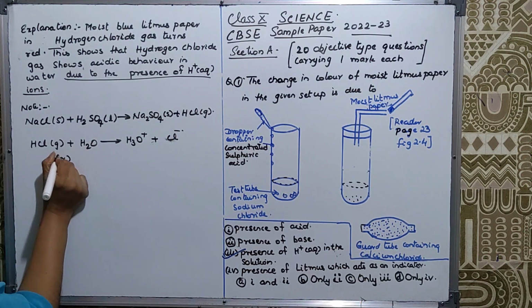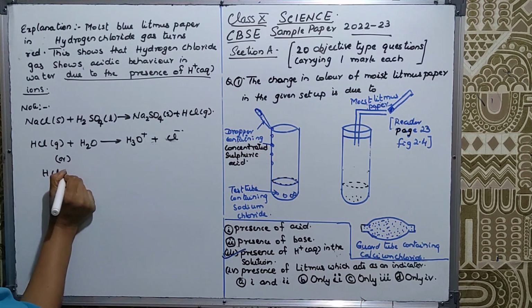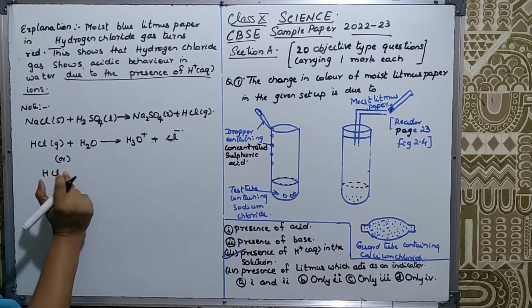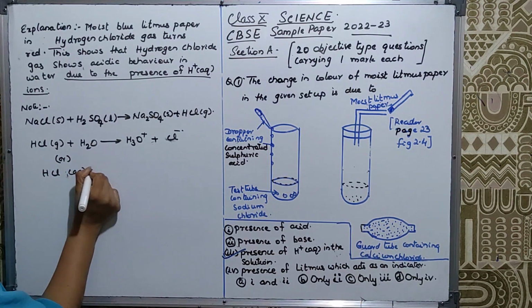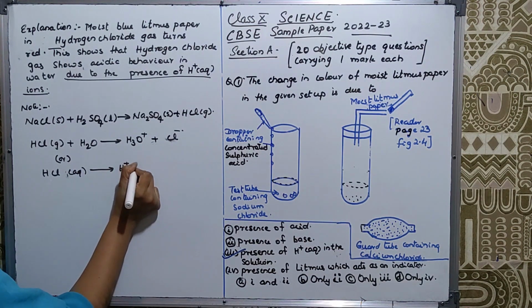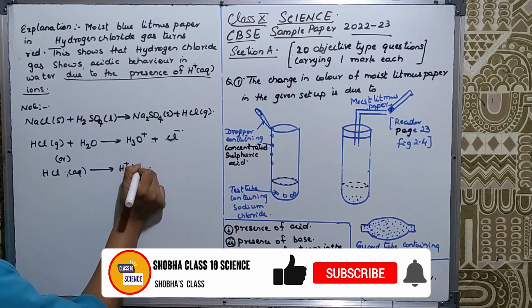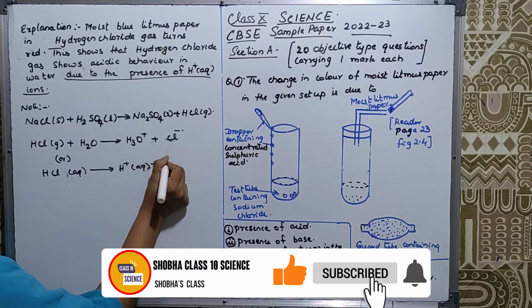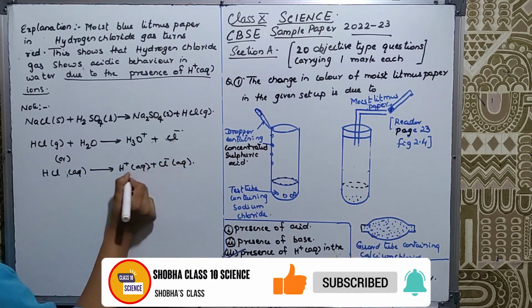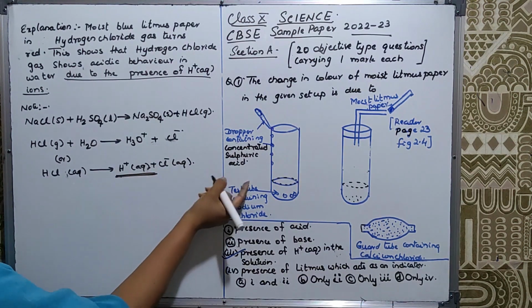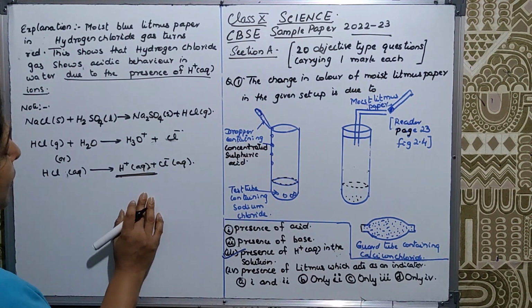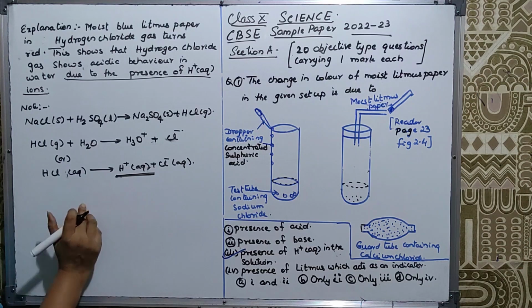Or it can be written as HCl in the presence of water, HCl aqueous gives H plus aqueous plus Cl minus aqueous ions. Due to the presence of these H plus aqueous ions, blue litmus is changing to red.